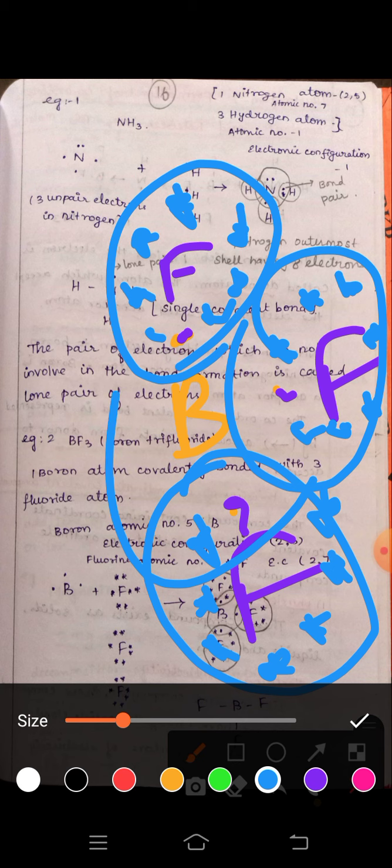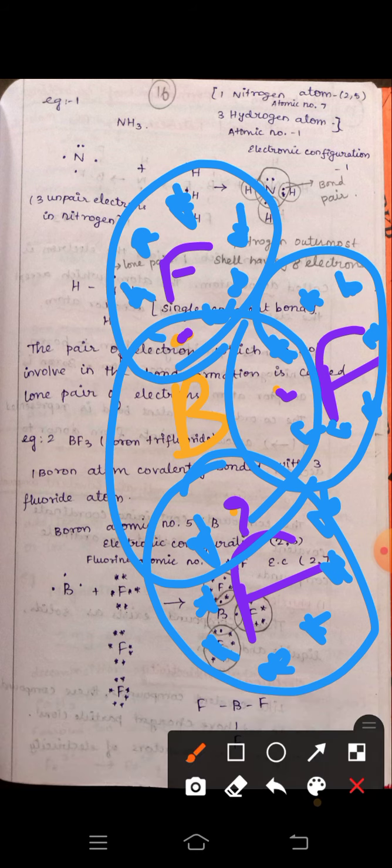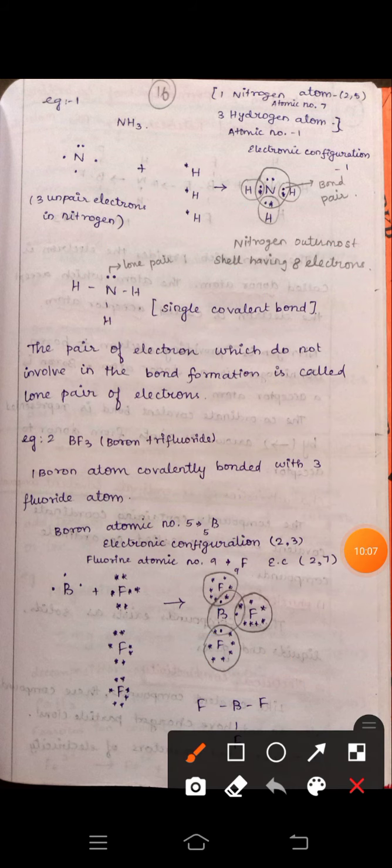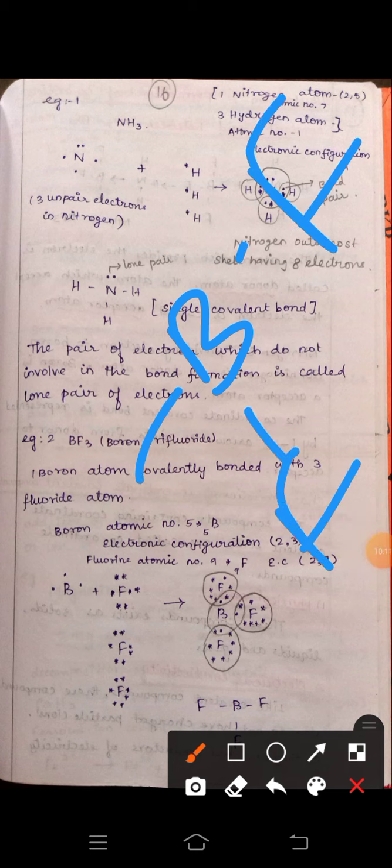See here, boron atom shared 3 electrons to fluorine atoms. So the fluorine atoms form a stable electronic configuration. Now we can represent this by BF3. We can write it as boron, fluorine, and fluorine atoms. Why is it represented by a single line? Because it shared only a single pair of electrons. So it is represented by a single bond.